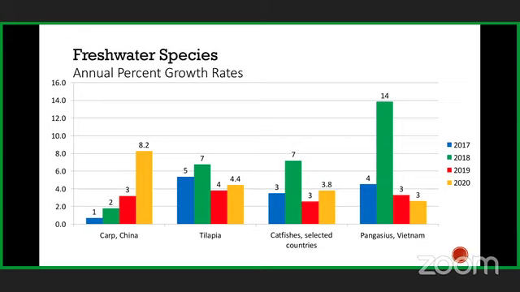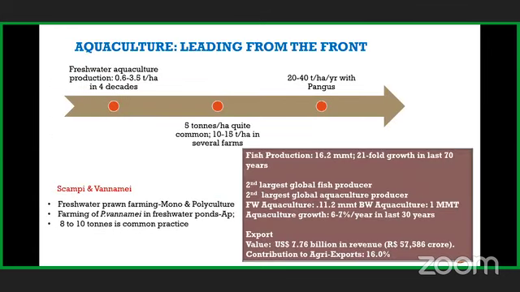Coming to Pangasius, significantly higher production was noticed in Vietnam, like 14-15%.